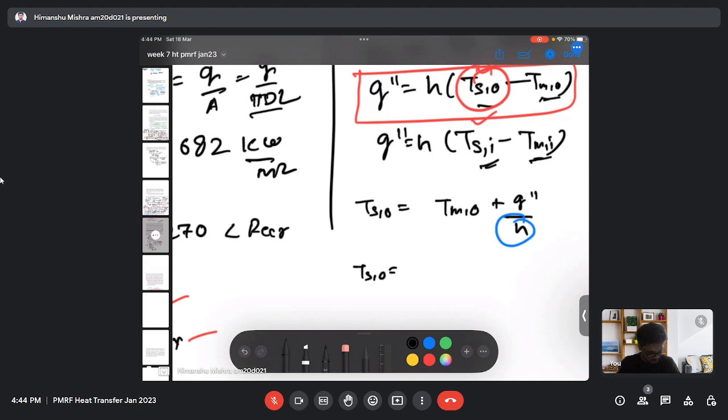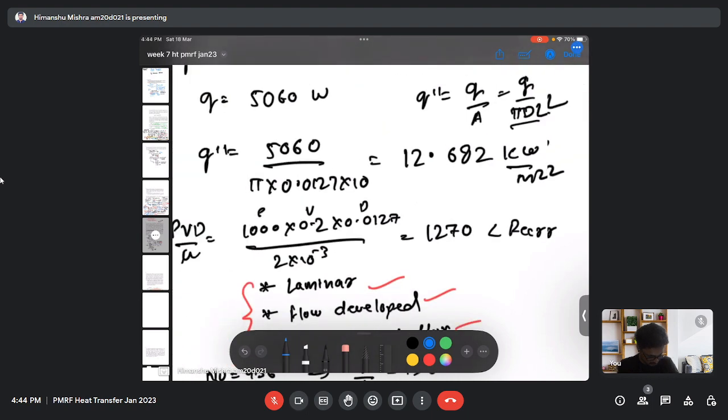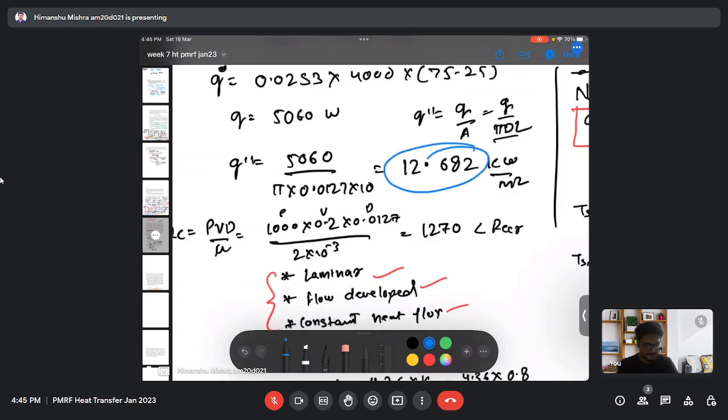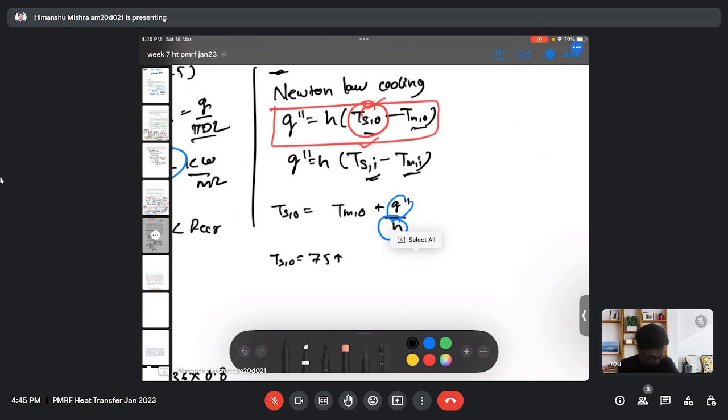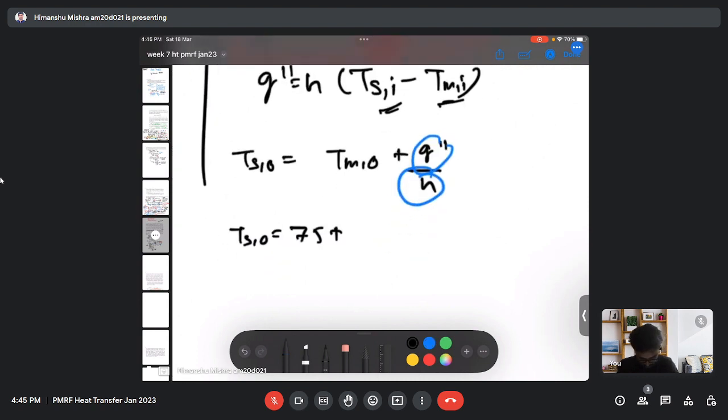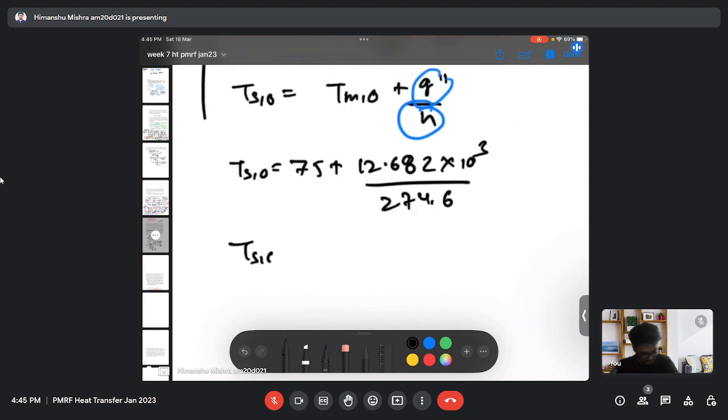So my outlet mean temperature is given as 75, and my heat flux, we also found here. And my heat transfer coefficient was 274.6. So my surface outlet temperature is 121 degrees Celsius.